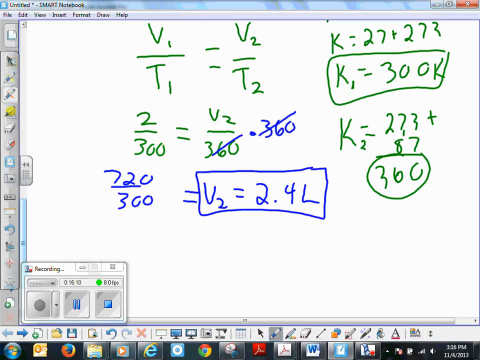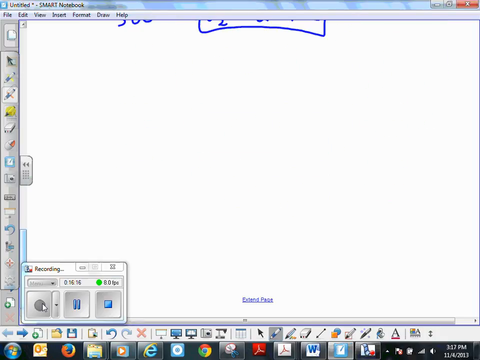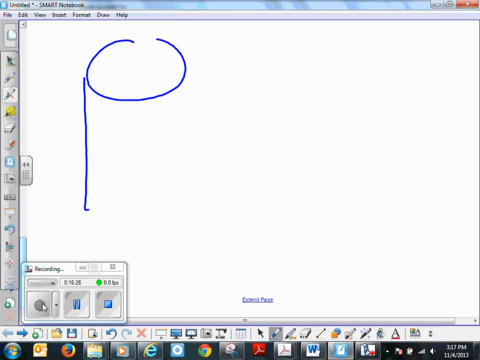Okay, since we're kind of on a good roll here, I want to just do one more, the pressure equals force over area. So the whole piston thing, remember that? This is mostly for the kids that weren't here the other day.